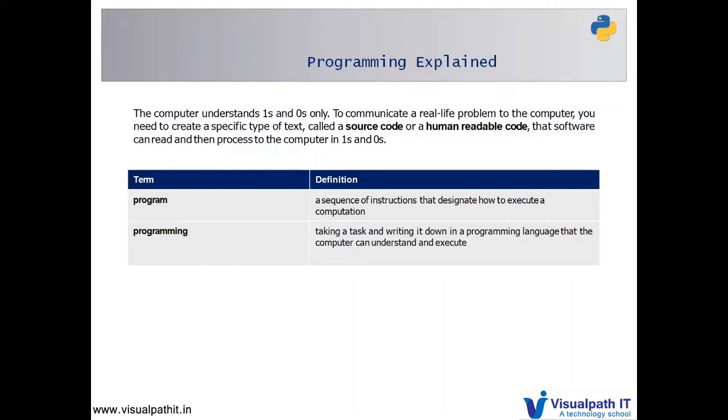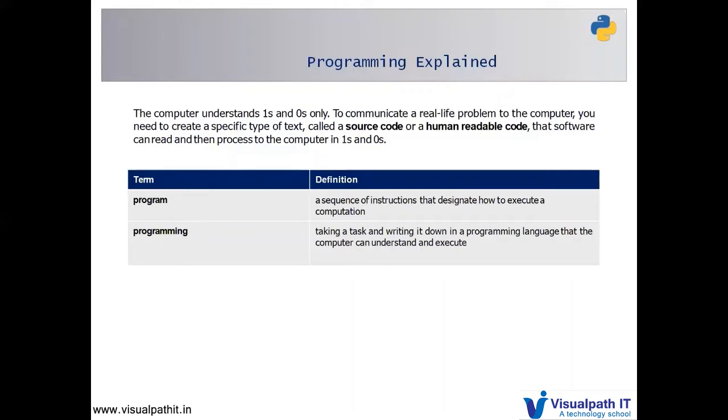So to communicate a real life problem to the computer, you need to create a specific type of text called a source code, or a human readable code that software can read and then process to the computer in ones and zeros.